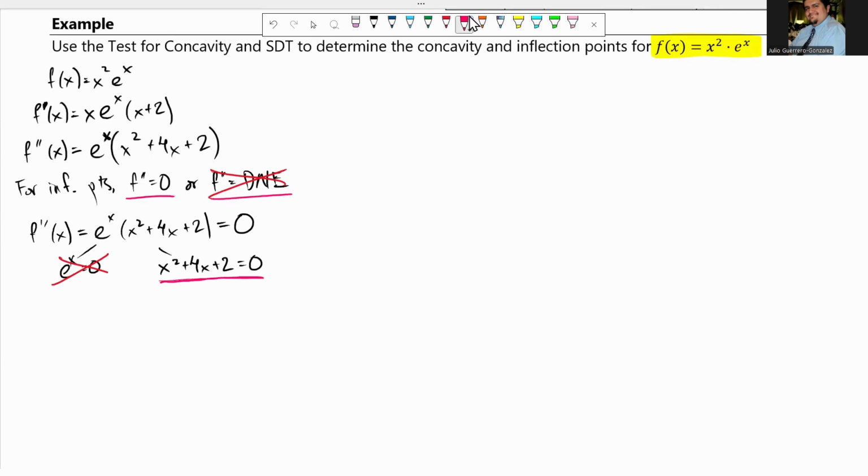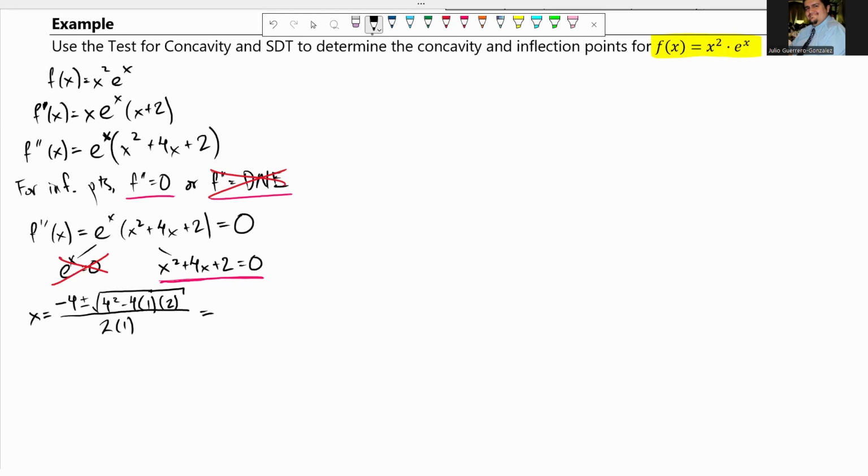If you remember from our pre-calc stuff, how do we solve when this is equal to 0? Quadratic equation. Minus 4 plus or minus the square root of 4 squared minus 4 times 1 times 2, all over 2 times 1.